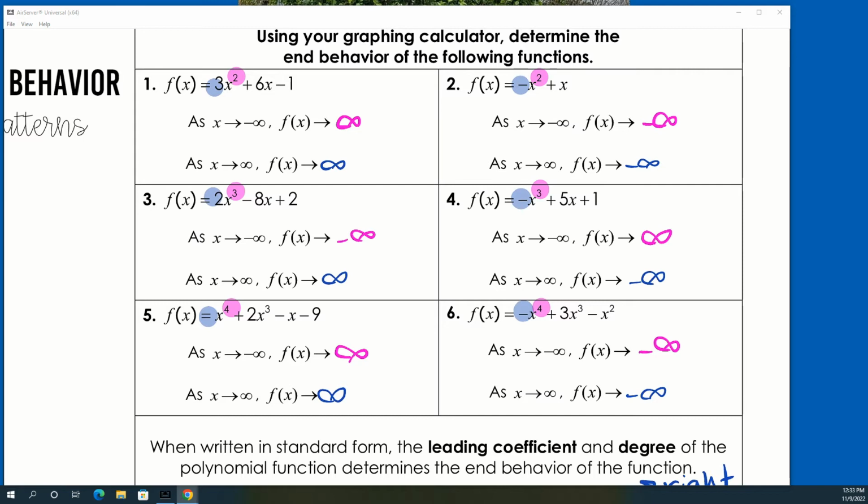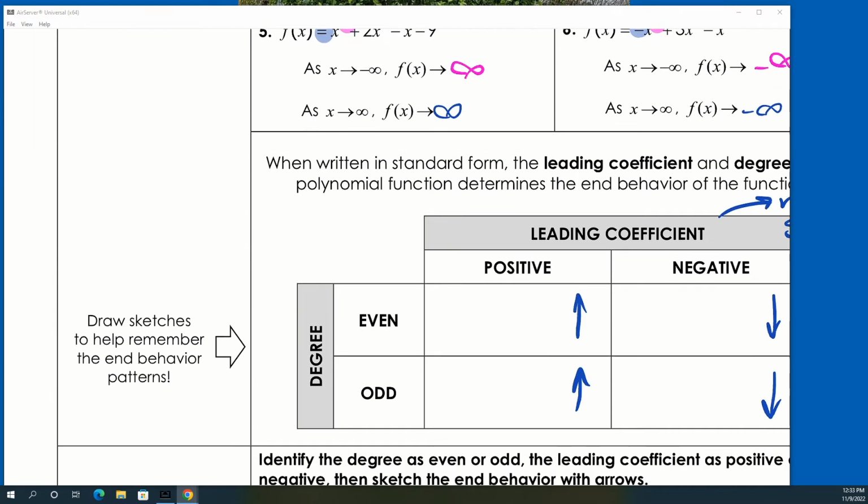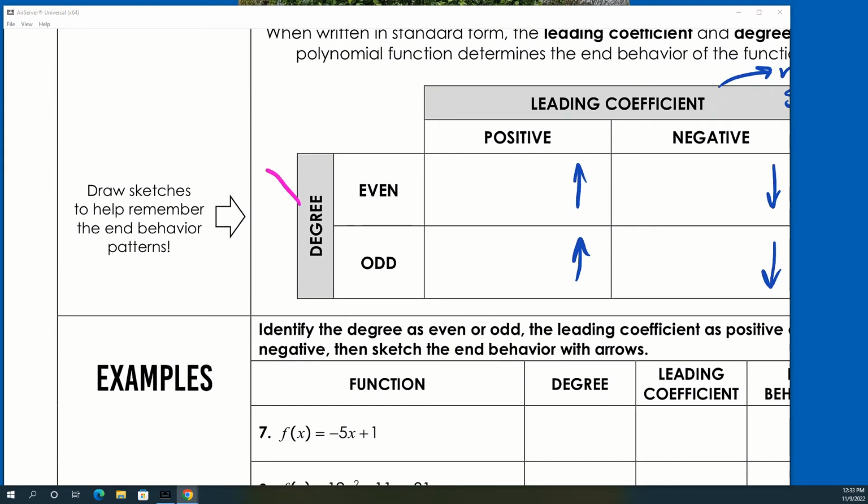It's harder to see. If that largest exponent is called the degree, if it's even, the left will be the same as the right. So this was even, even, even, even. They're the same. If it's odd, then the left is going to be opposite of the right. So the degree is going to tell you the left side.